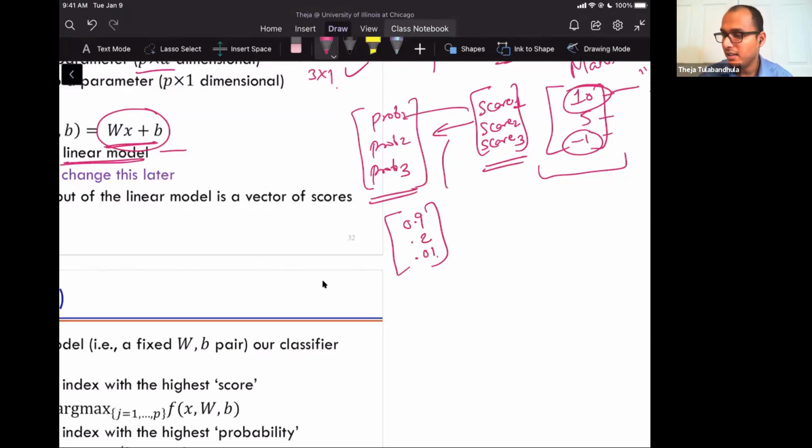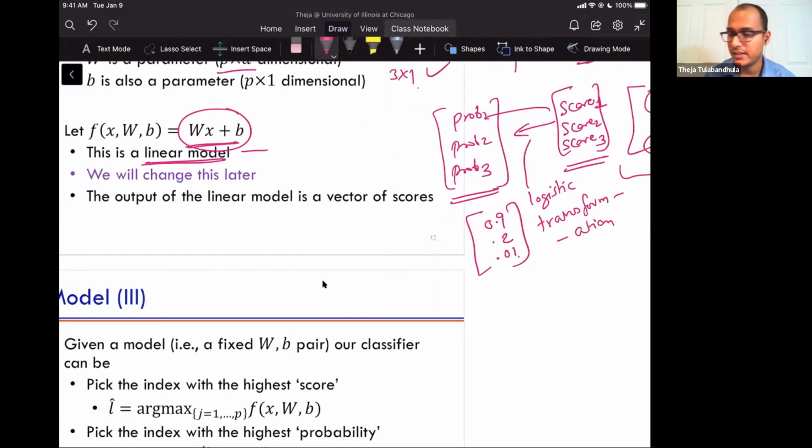And this logistic transformation completes the model description, that this is a logistic regression model.